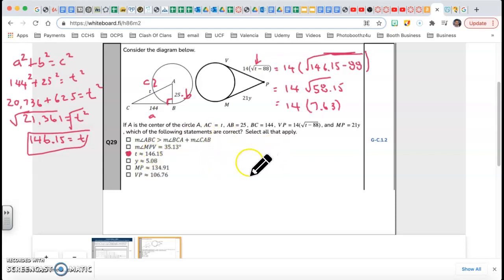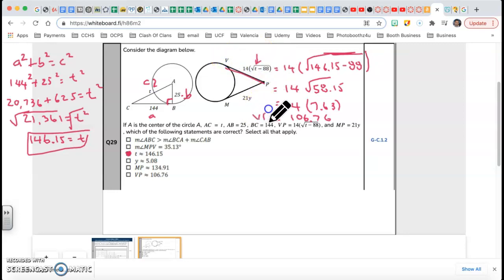I feel I have a mistake here. This is not 1,414. I multiply again and it gets 106.76.